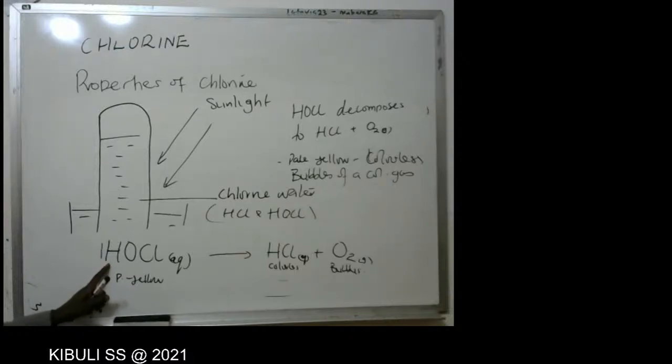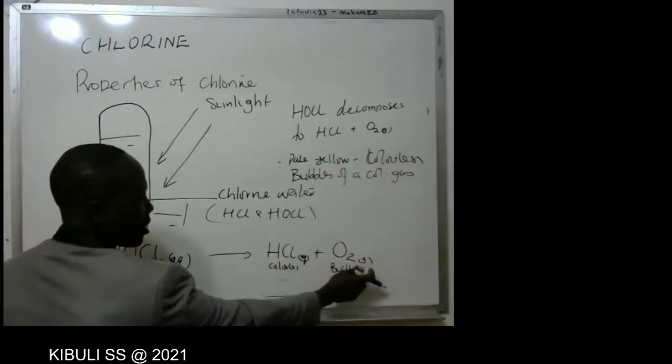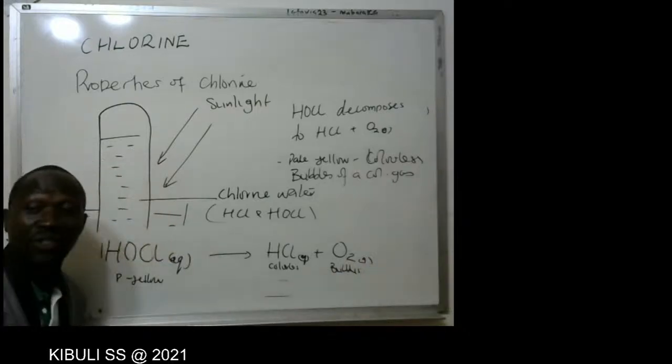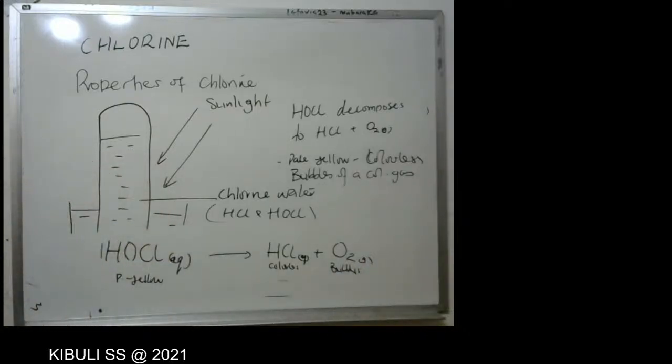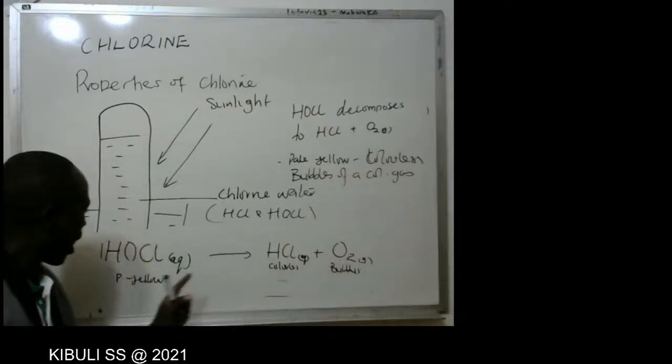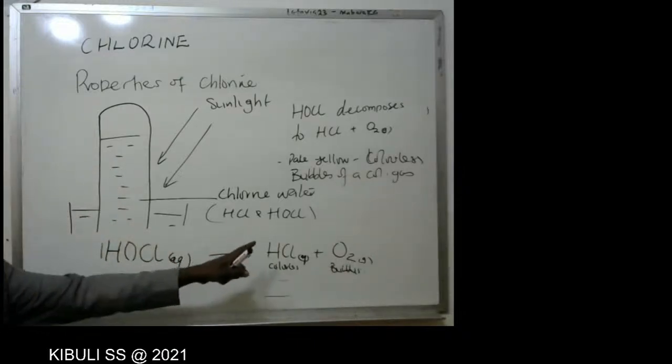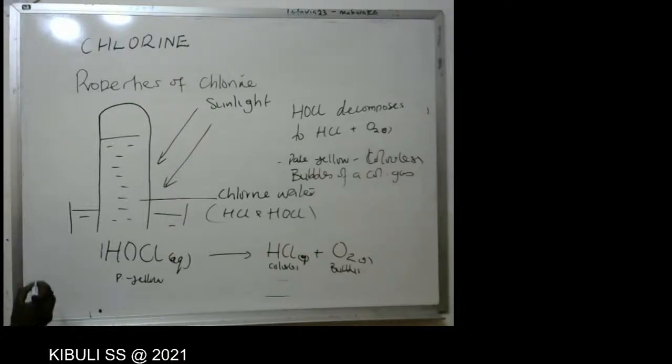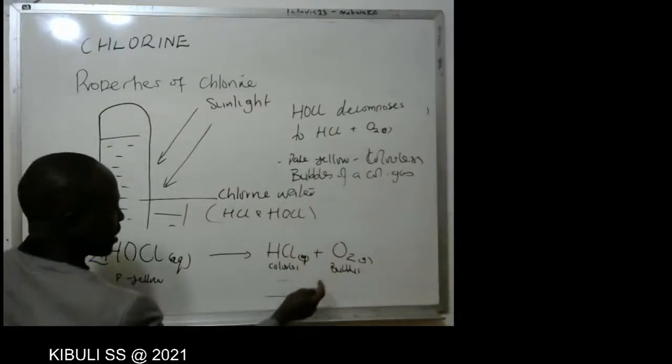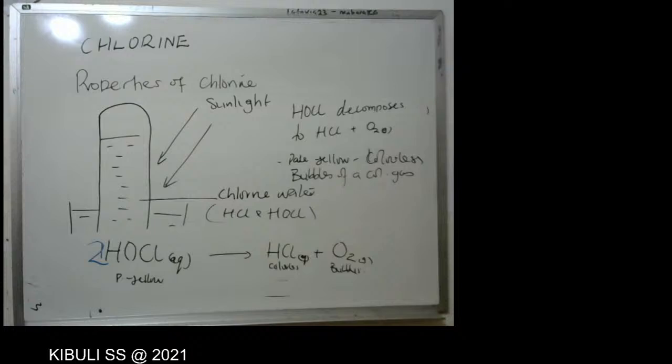So which number can we multiply by the odd number? Here 1, and we get an even number which is 2 there. It becomes what? A 2. So when we do so, what happens? Oxygen becomes even, but now hydrogen and chlorine have changed. Here they are now even, the other side they are odd. So also make them what?